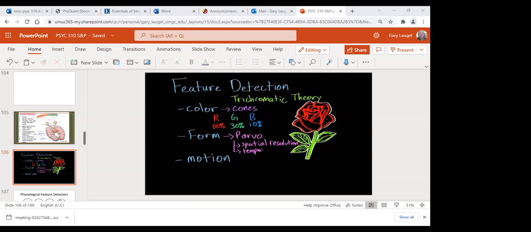In other words, when we talk about features of visual stimuli, we can say, okay, we have in this picture here, we've got the rose, we got the color, you've got the 3 cones involved with that, and of course we have the opponent process theory for color vision. So we have color vision, and then we have color, form, and we have motion, right? So in other words, we have lots of different things to kind of assemble into a percept or a perception of a flower.